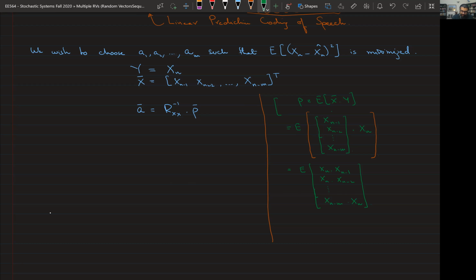Now, if I were to describe this entire matrix, I would need m parameters of the statistical distribution to describe this.